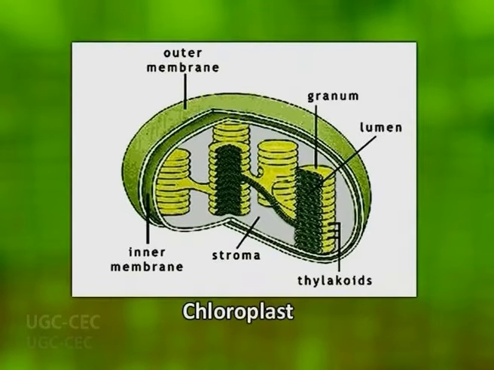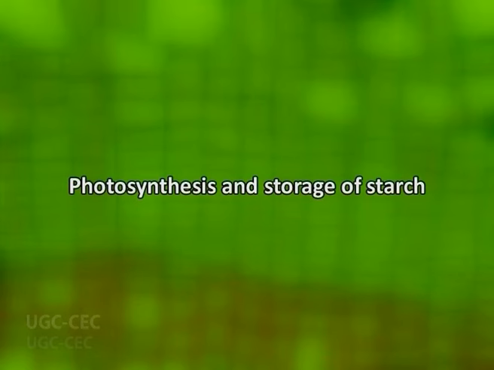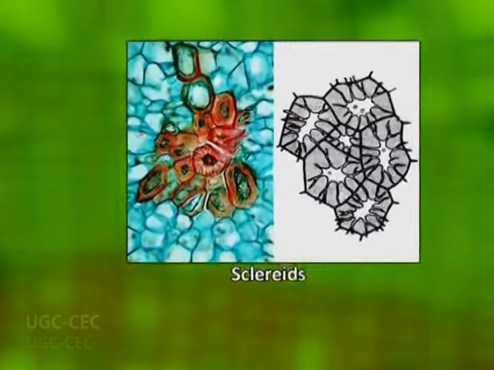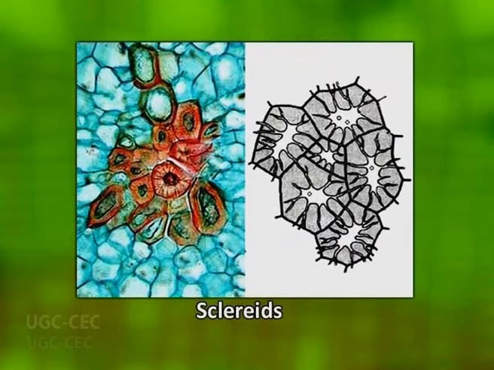Chloroplasts may also be present in the cells of phelloderm of some plants, and then they function in photosynthesis and storage of starch. They are loosely arranged like the cells of the primary cortex, but they form more or less definite radial rows. Sometimes sclereids and other specialized cells are also present in the phelloderm.